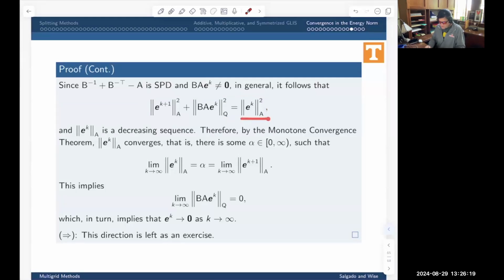If this converges to alpha and this converges to alpha, then this must converge to 0 in the limit. Or in other words, I could move this to the other side, and you can see that the difference converges to 0, and so this has to converge to 0.